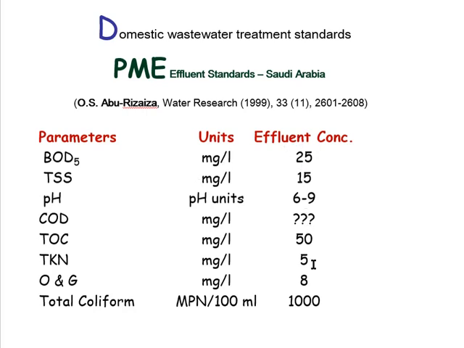If it is within this limit, it is okay. If it is more than that, for example, BOD is more than 25, you should not use it. But if you get less than 25, then it is good quality, right? So these are the standards you have to follow to reuse any wastewater.